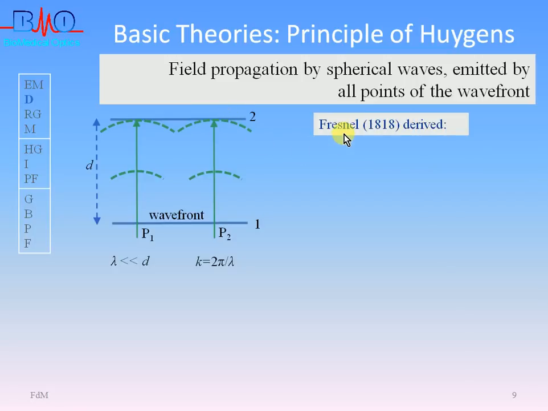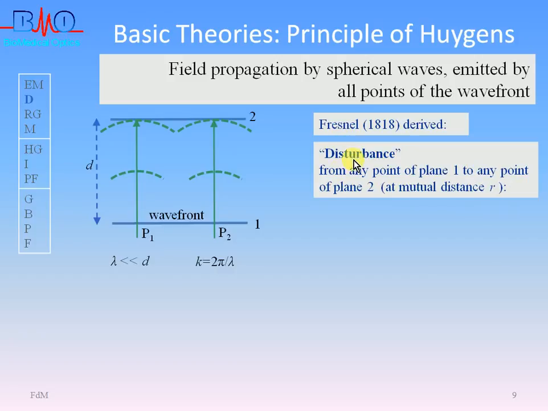And Fresnel derived a long time ago that the disturbance from any point of plane 1 to any point of plane 2 at the mutual distance r is given by a spherical wave, and the spherical wave has a phase factor minus ikr in the exponent divided by the distance r. Fresnel called it disturbance because at that time the notion of an electric field was not known yet.